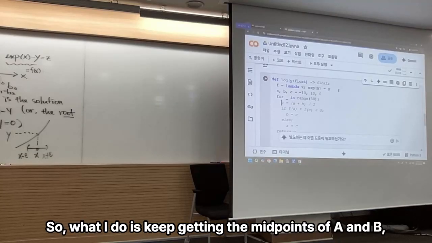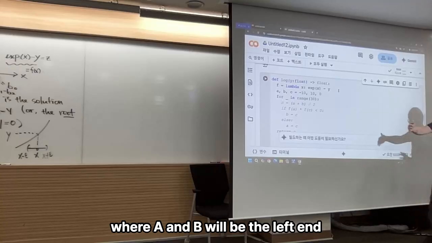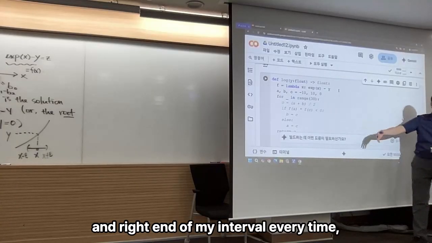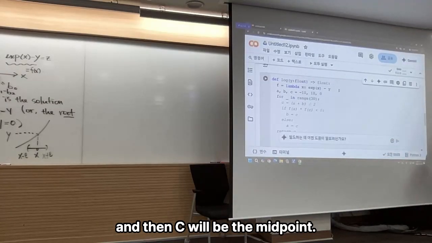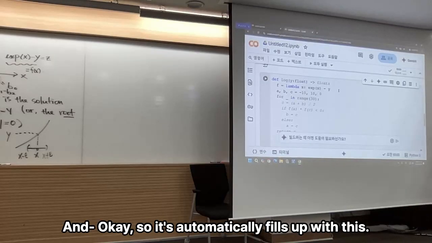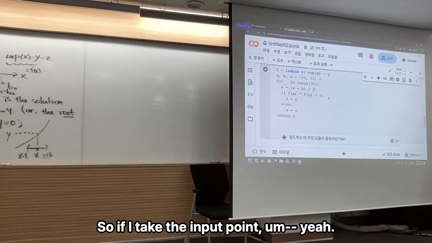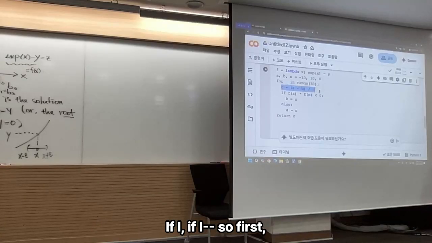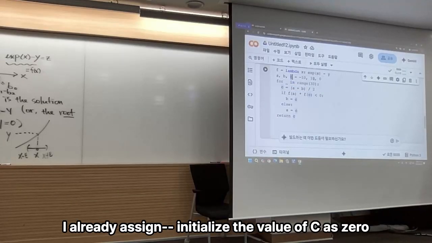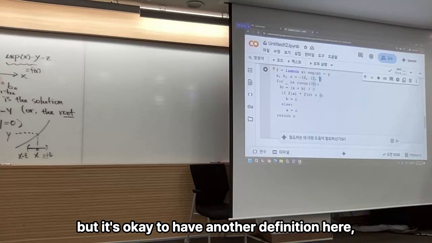So what I do is keep getting the midpoints of A and B, where A, B will be the left end and right end of my interval every time, and then C will be the midpoint. It automatically fills up with this. I already initialized the value of C as 0, but it's okay to have another definition here.